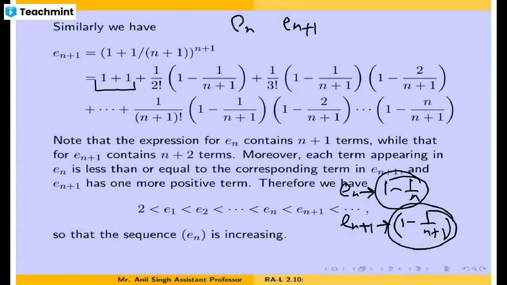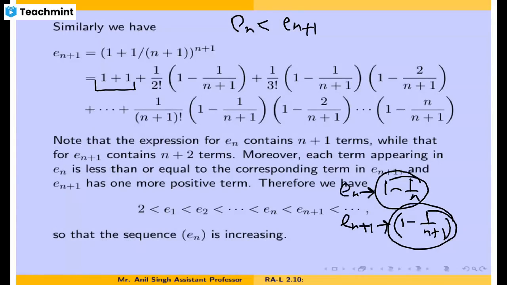So if we compare the first n+1 terms, then we see that the corresponding terms of E_{n+1} are larger than the corresponding terms of E_n, and in addition to that, E_{n+1} has one more extra term. So this means that E_{n+1} is strictly larger than E_n.